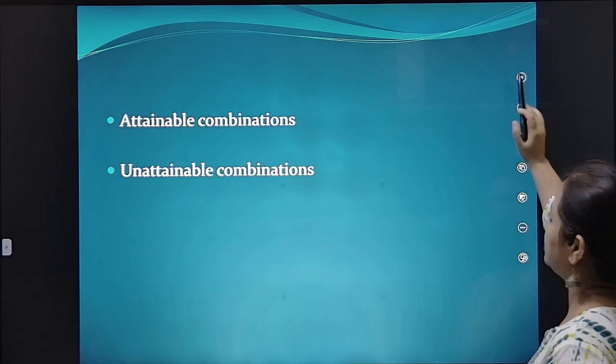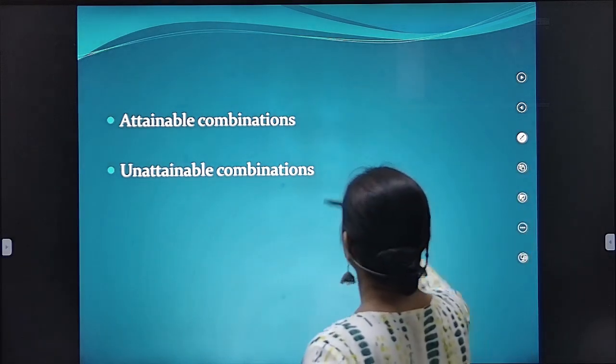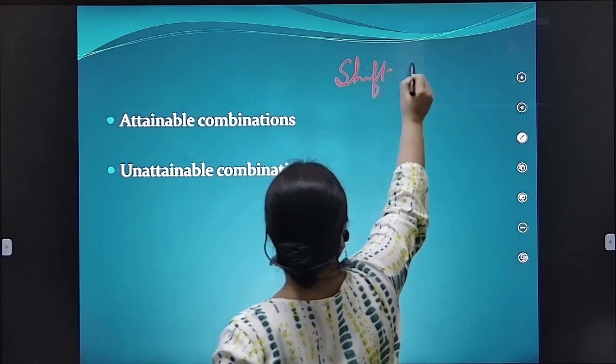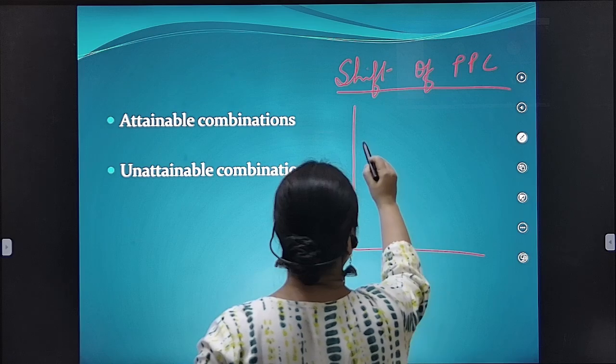Now, when we talk about PPC, there is one point about the shift of PPC. Okay, so this is your PPC.